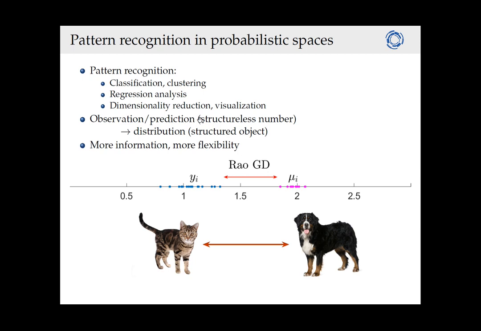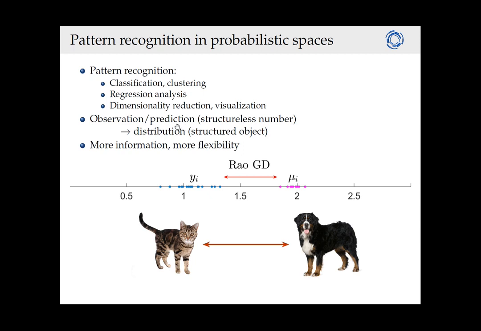We have also turned an observation or a prediction from a single point, a structureless number, into a probability distribution. We realize that every point, every measurement that we take, every prediction that we make is uncertain and hence cannot be a single number, and has to be characterized instead by a distribution, a structured object.